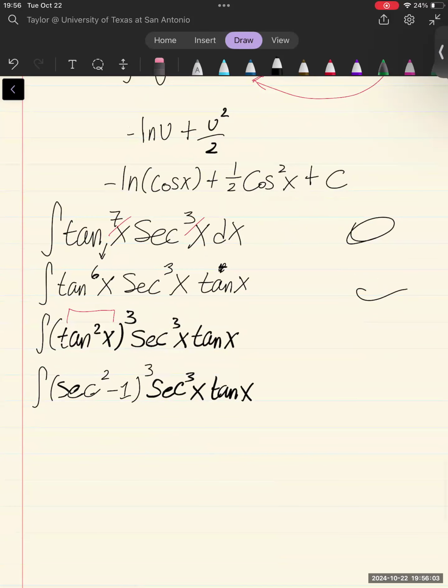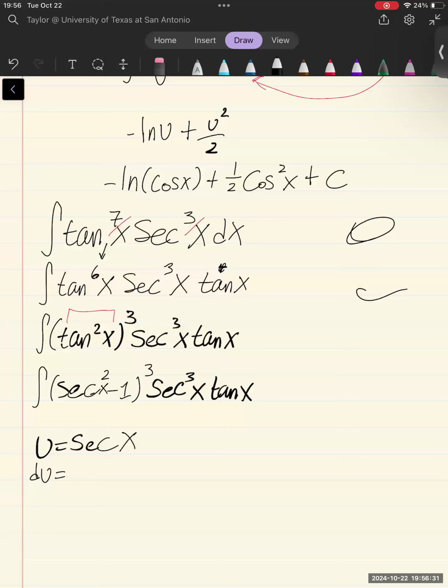So I'm seeing that u equals secant x. Now let's think about why we chose secant x, sorry. If I leave off the variables, let me know. I tend to do that when I'm not recording. Secant x. Let's think about why we chose secant instead of tangent. So what is our derivative of secant? Negative tangent?